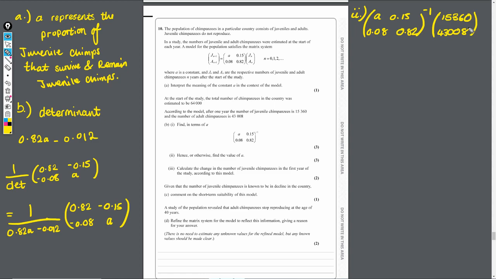Now it's worth noting this part will become quite tricky. There's a bit of manipulation that you've got to be careful with. We know this now, this is what we just previously worked out, and this is why it's a hence or otherwise question.